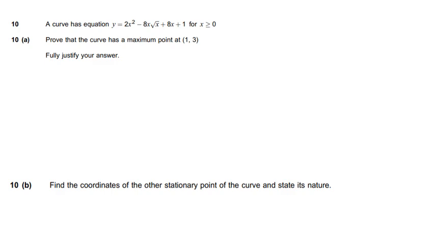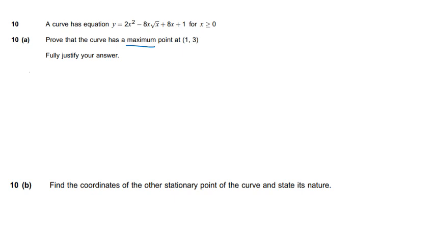Okay, question 10 now. A curve has an equation 2x squared minus 8x root x plus 8x plus 1. Prove that the curve has a maximum point of 1 and 3 and fully justify your answer. Right, well, first of all, we're trying to find a maximum, so what do we need to do?